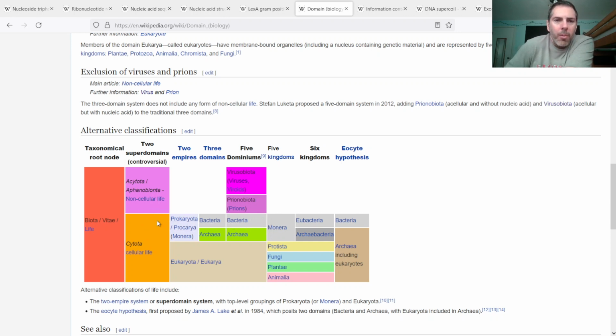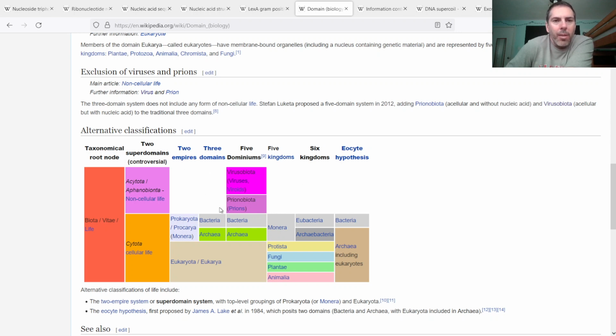What I was mentioning was cellular life, the various domains of mostly archaea, bacteria, and eukaryotes. But there's also the viruses that can be single-stranded DNA or RNA, or double-stranded DNA or RNA.